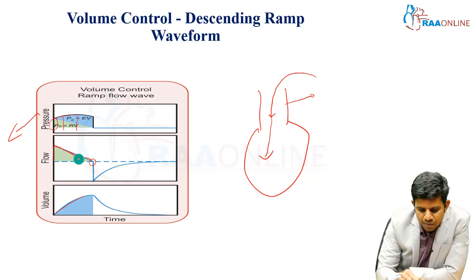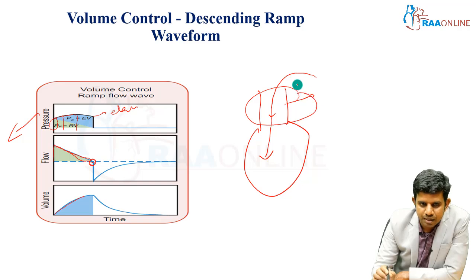At the end of inspiration my flow reaches 0. At the end, the pressure is predominantly contributed by the elastance, because here the flow is 0. Flow is 0 means the resistive component is eliminated. So the end inspiratory pressure is equal to my plateau pressure.